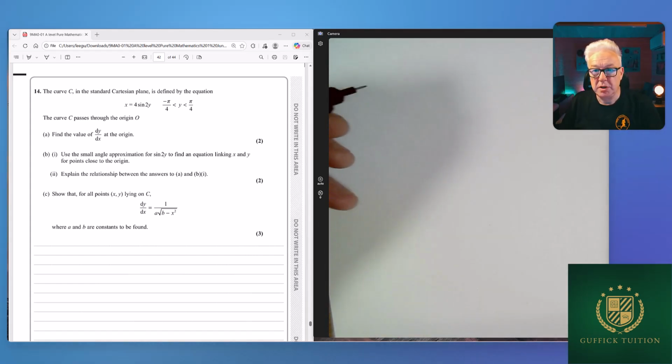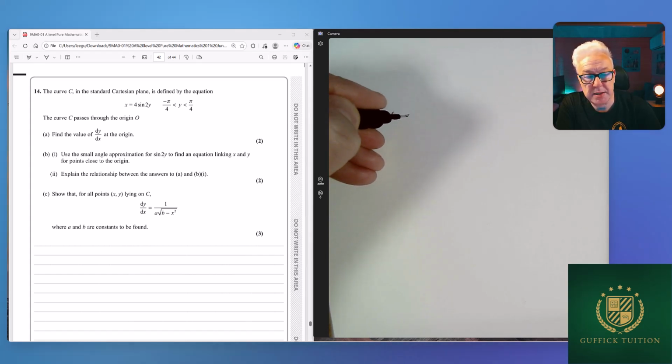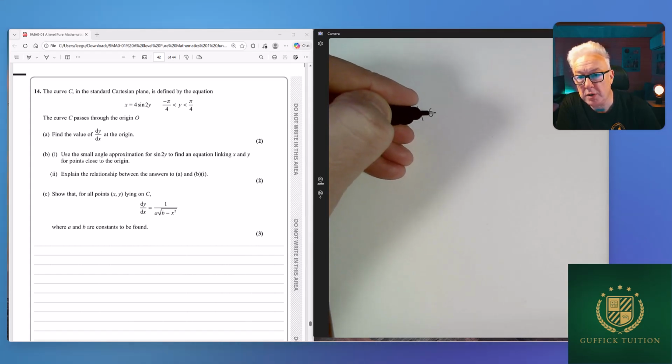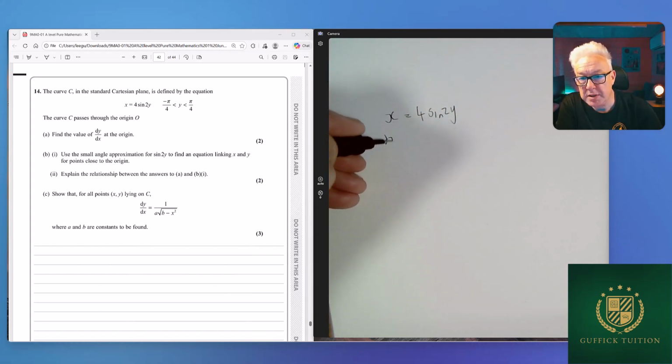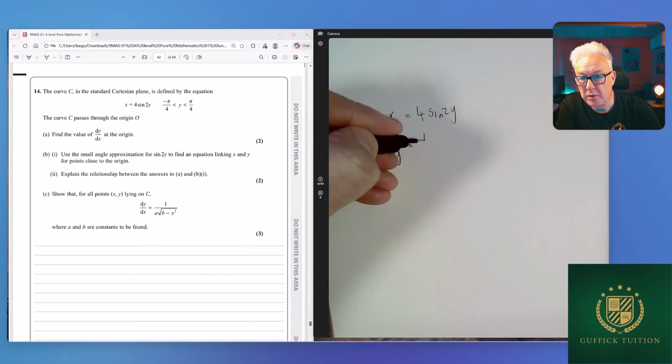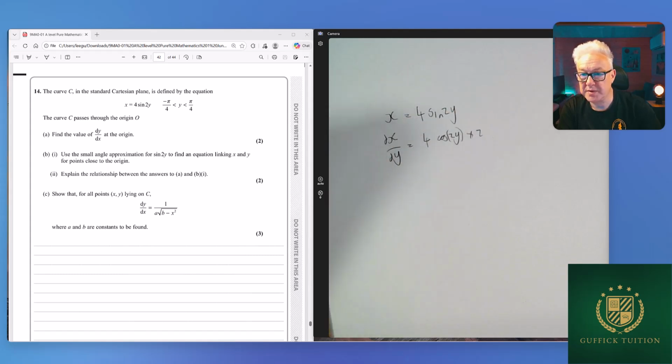So first of all, let's find our dx by dy. So x is equal to 4 sine 2y. Therefore dx by dy is going to equal 4 times by cosine of 2y. And then using the chain rule, we need to times by 2.